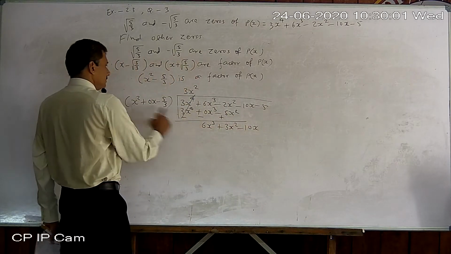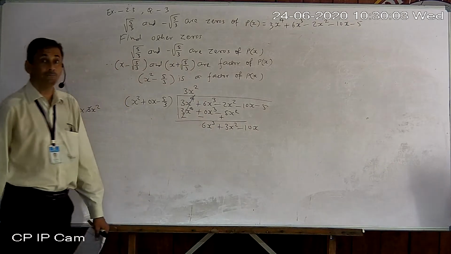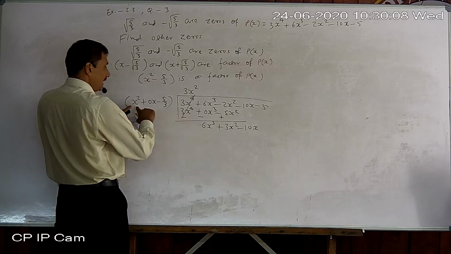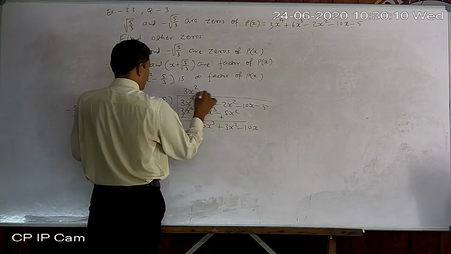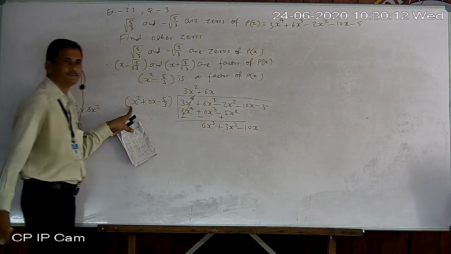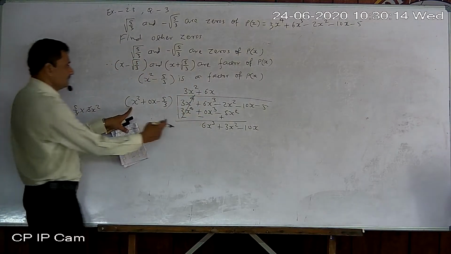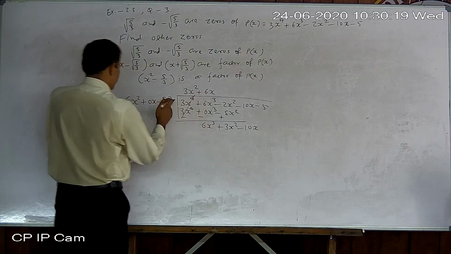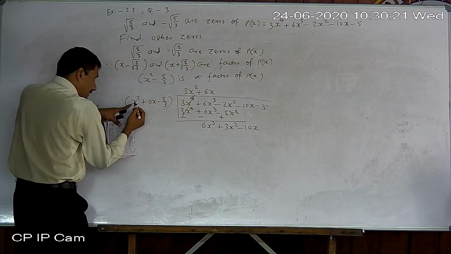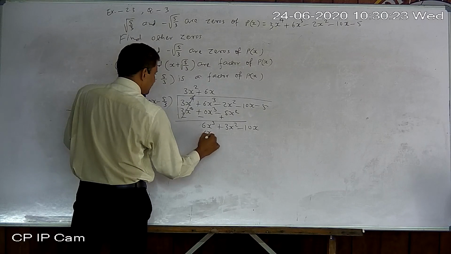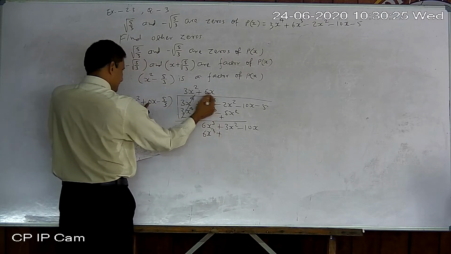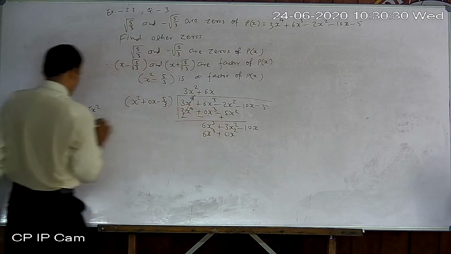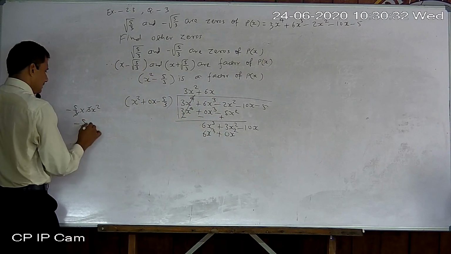Now again look at the first term. I want 6x cube from x square, so I have to multiply by 6x. Why by 6x? Because 6x cube is required from x square. Now multiply: 6x into this gives 6x cube, then 6 into 0 is 0, x into x is x square. Now minus 5 by 3 into 6x.